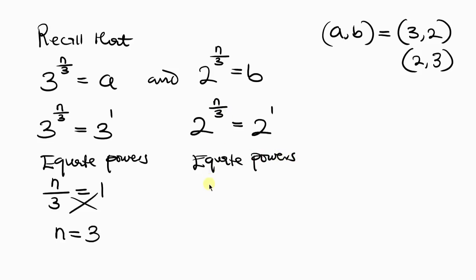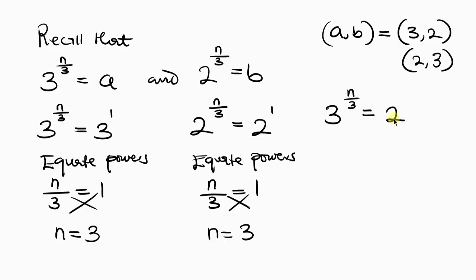The power on the left is n over 3 equal to the power on the right, 1. And when we cross multiply, you see that n is also equal to 3. Very good. Now, let's use this. So this is 3 to the n over 3 equal to a. And what is a from here? a from here is 2. And 2 to the 1 is 2.